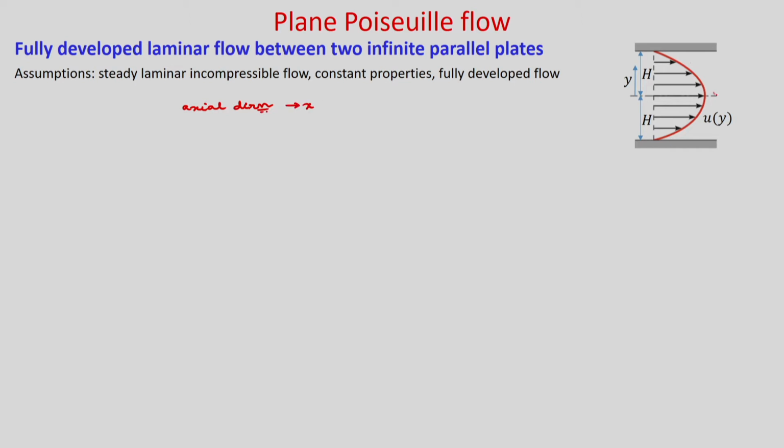So, this is your x, and axial velocity as u, and in y direction you have v velocity, and this is your y direction velocity.